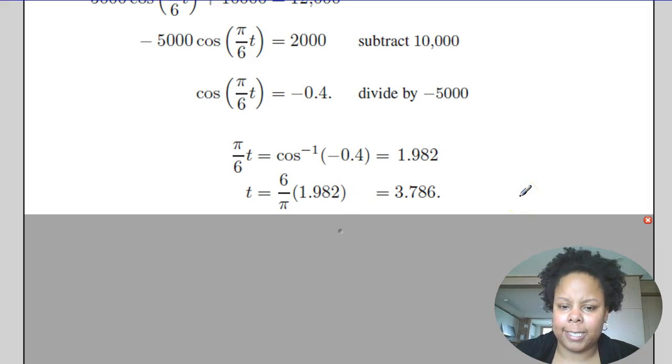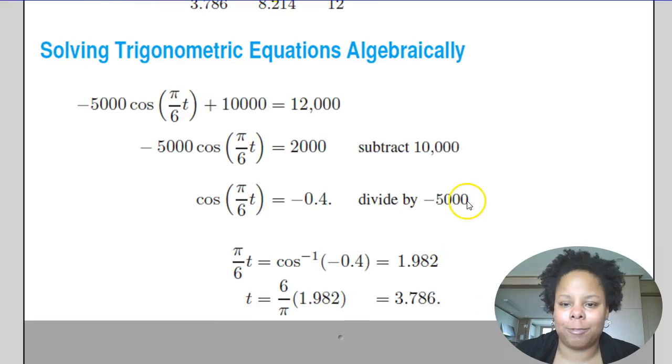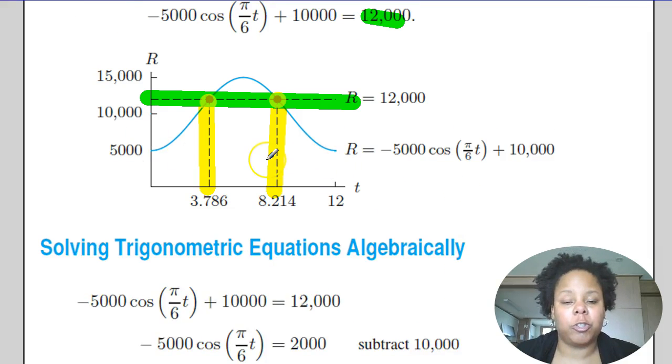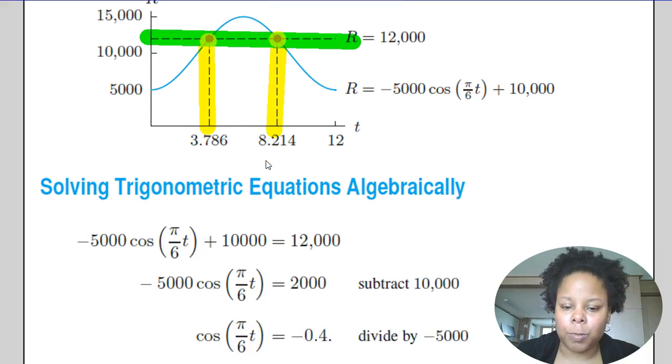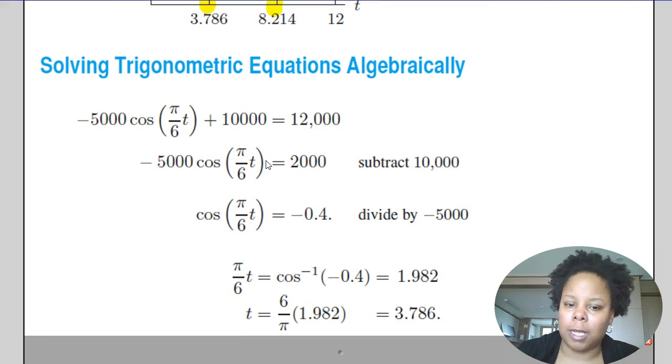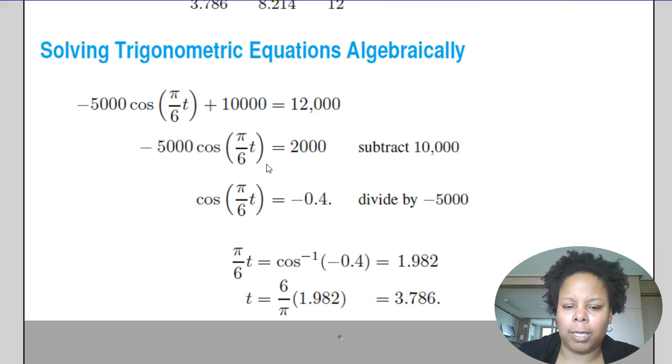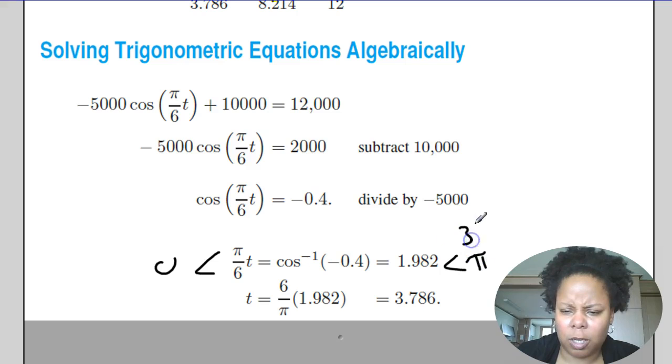Another issue you may see is that using this method, we only get one solution, whereas if we use the graphing method, there are two solutions. Why is that the case? Well, if you recall, the arc cosine has a range of only values between 0 and pi, which is around 3.14.